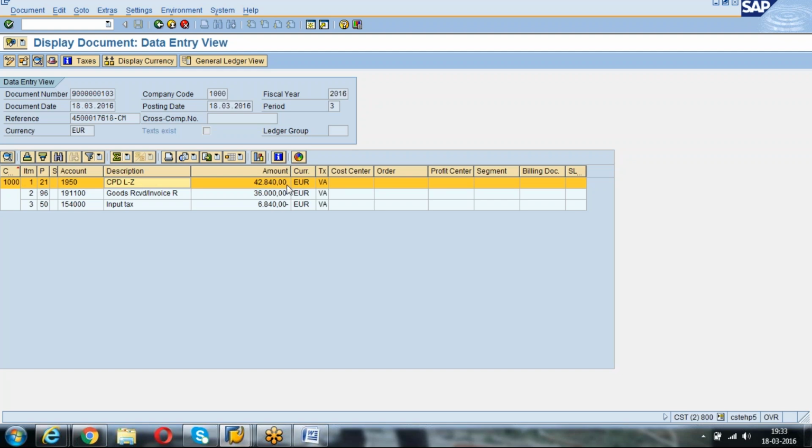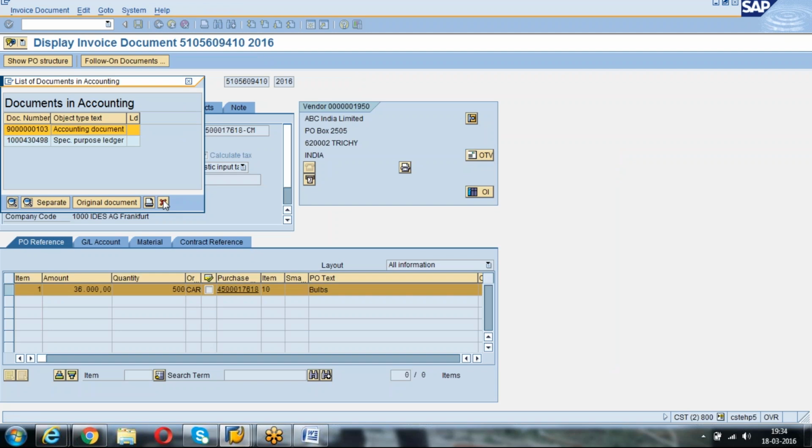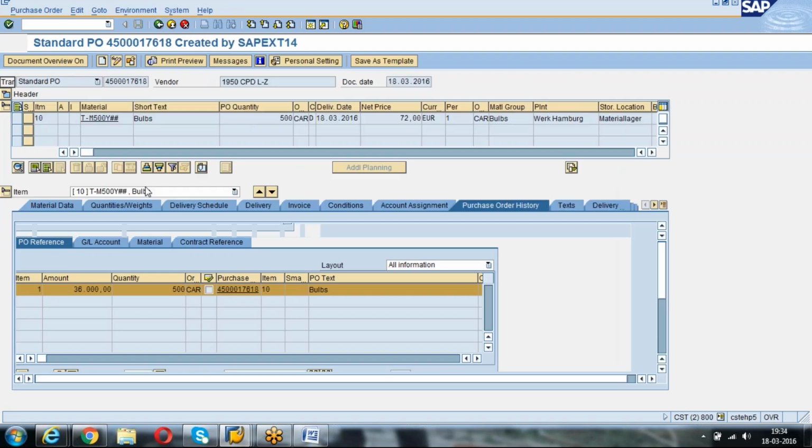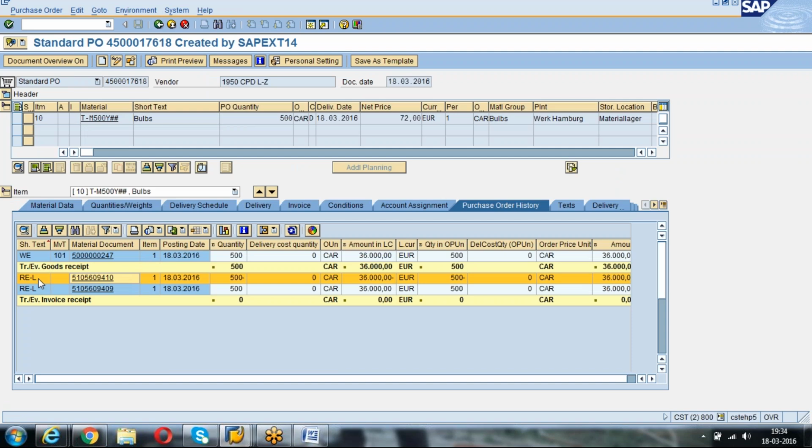See, vendor account is positive, debit. GRIR is credit, and then input tax is credit. Exactly, we have nullified that amount. Now it is as if no invoice was done, only goods, because these two nullified each other.